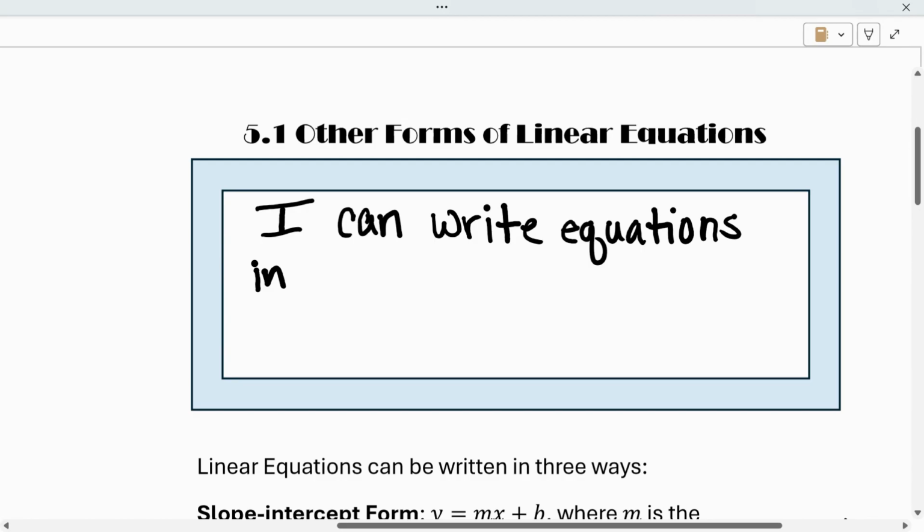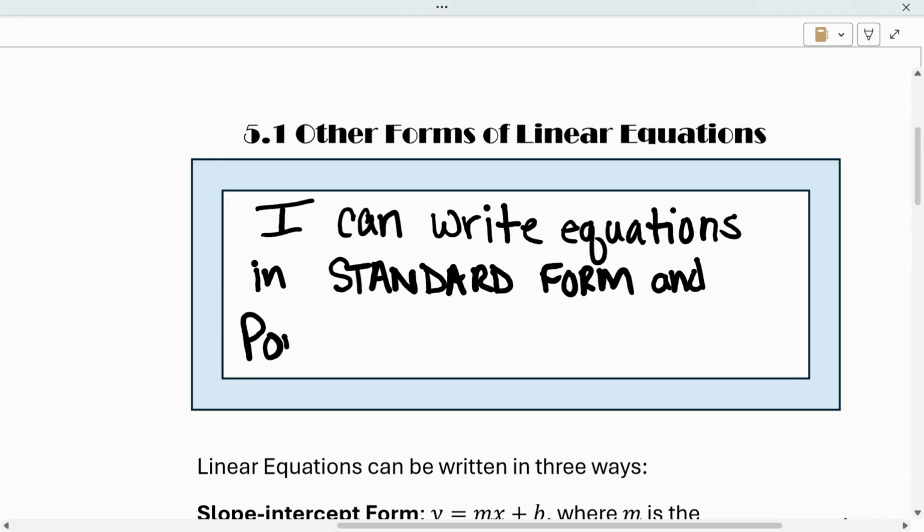Kylie, I want you to move over to that table right there, the tall one by the door. Thank you, ma'am. I can write equations in standard form and point slope form.